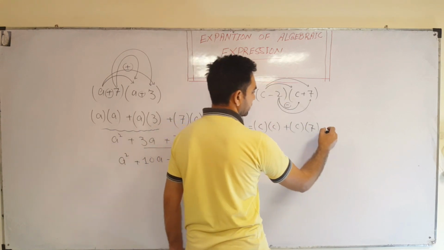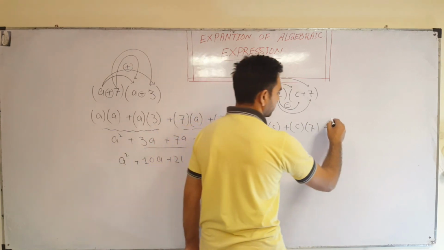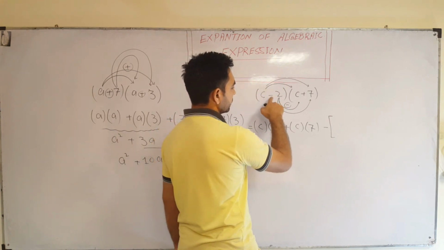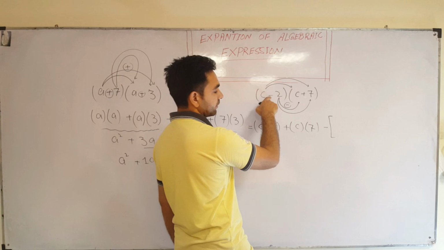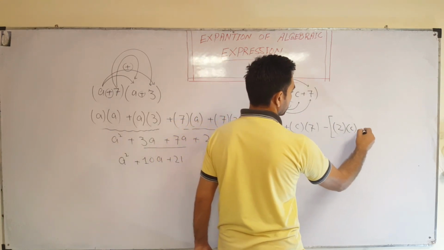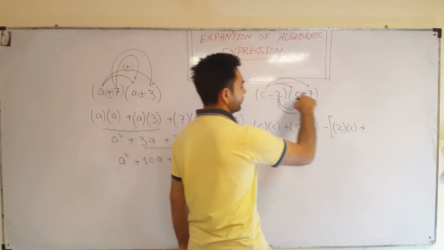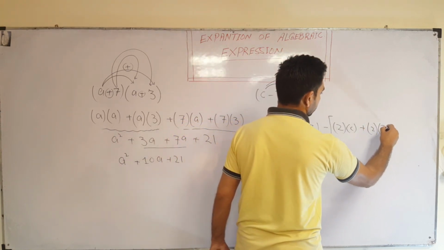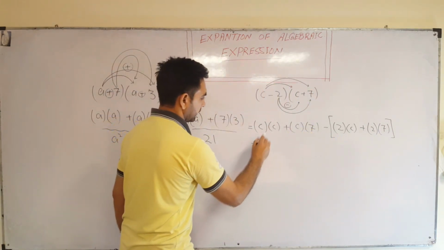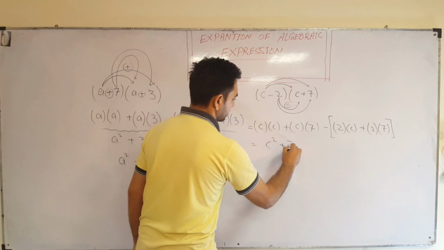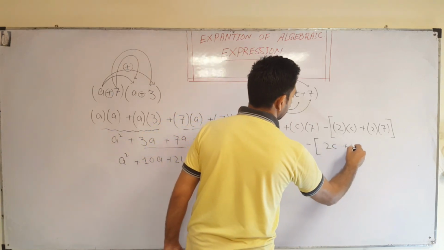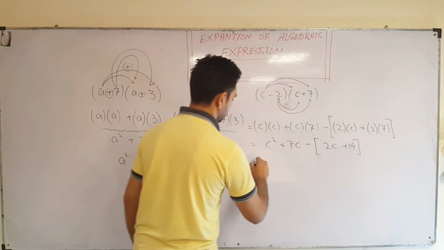Now this sign, which is minus, and I told you with a minus it would be better that you use a square bracket first. So now we don't deal with this negative sign. 2 into c plus 2 into 7, right? Now this would give us c square, that would be 7c, minus that would be 2c, and plus 14.